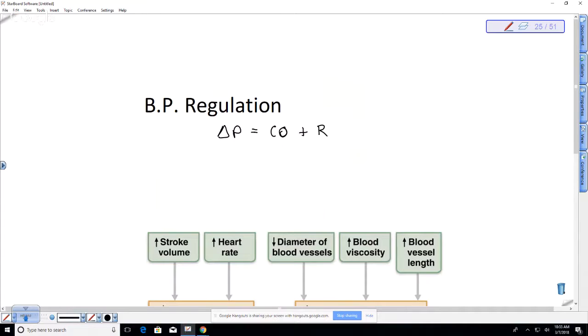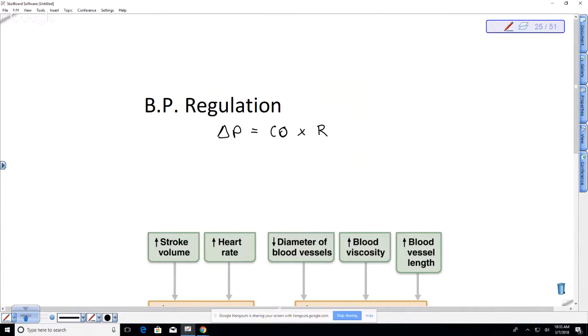So this is actually not plus, sorry. This is times. I'm liking that white out. So this is times, okay? I can also influence blood pressure by changing the resistance, and one thing that directly affects resistance is the diameter of the blood vessel.